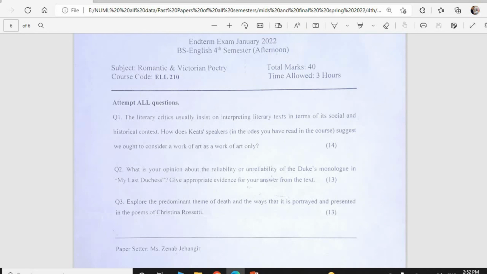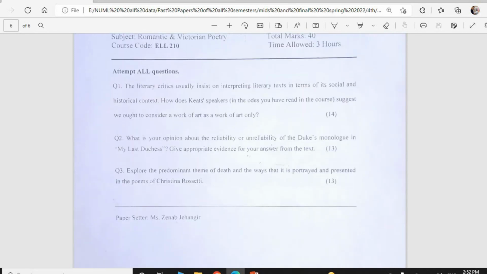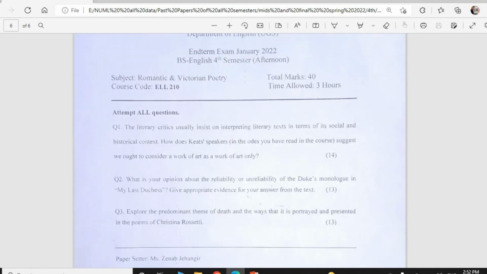Question number 3 is, explore the predominant theme of death and the ways that it is portrayed and represented in the poems of Christina Rossetti. So the theme of death is very prominent in the poems of Christina Rossetti, and she was a devoted Christian, a religious person indeed, and she believed in the ultimate realities.